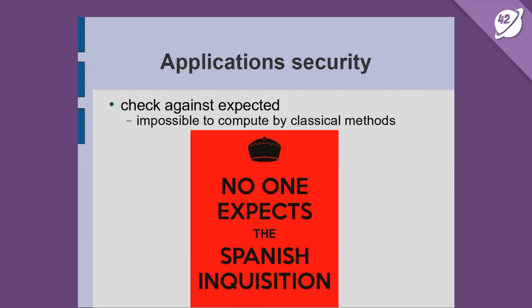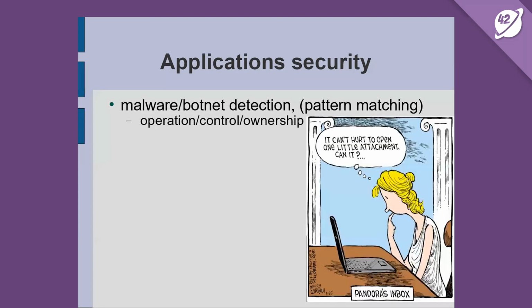But when we get quantum computing in there and start looking at those results, how are we going to check them? Those things are things that were going to be impossible to compute by classical methods. And so, how are we going to test whether or not this is actually working?